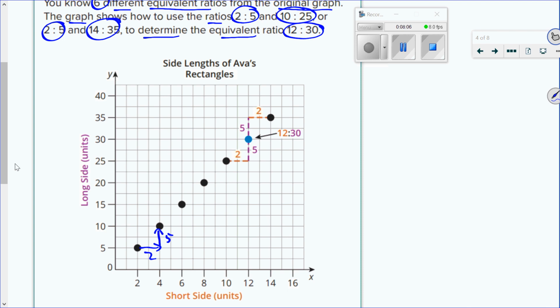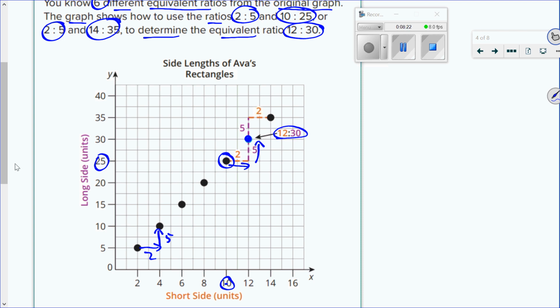So if I start at 10:25, which is the last point, or the point between the last 2 we did, if I go over 2 and up 5, where do I end up? 12:30.